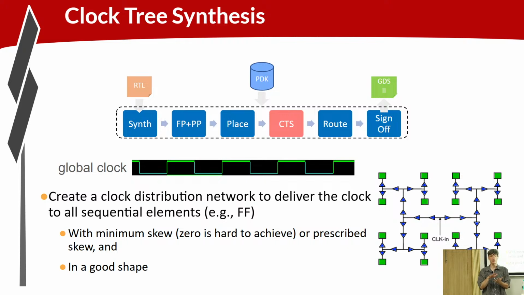You want all of your logic to see the clock edge at the same moment in time. Obviously, it's not going to be perfect. There will be what's called clock skew, the difference in when one piece of logic sees the clock edge versus another piece of logic. But the goal of clock tree synthesis is to create a network that's delivering that clock in a uniform way across the silicon.